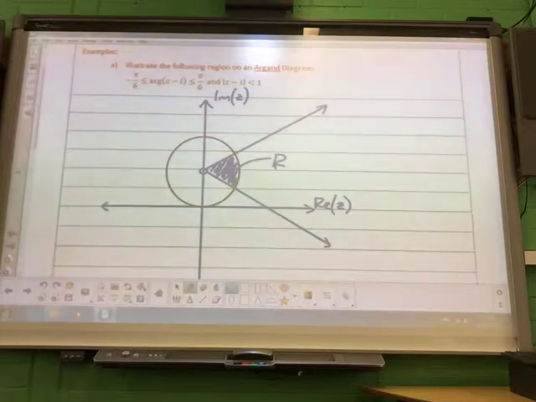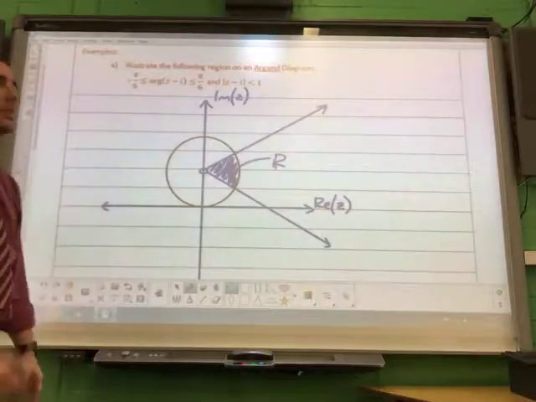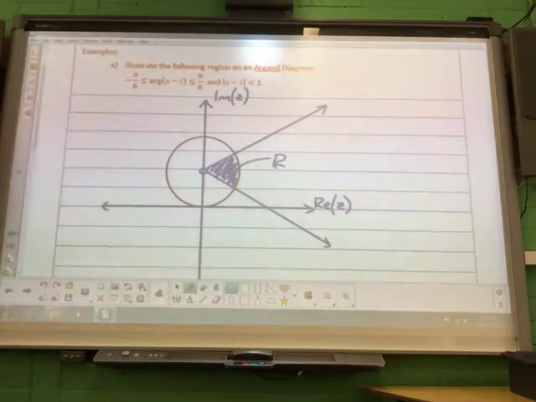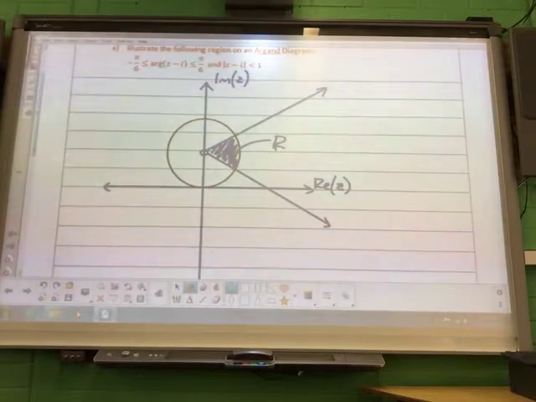You can shade the whole region, then shade the whole circle, then shade the common region, like we've done in mathematics. However, that's a basic skill compared to what we're doing now. As long as you're showing the correct region, that will be sufficient. Alright, any questions on the approach?